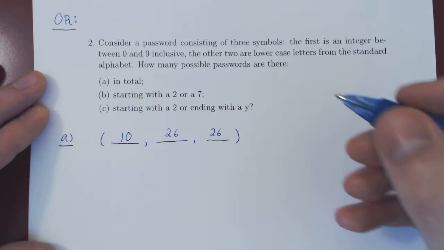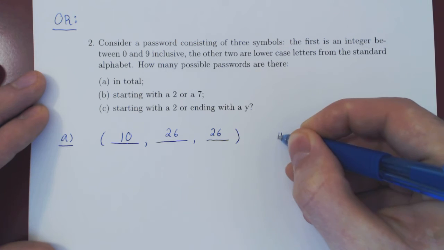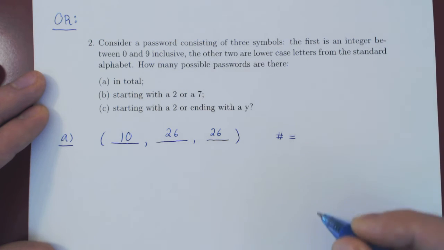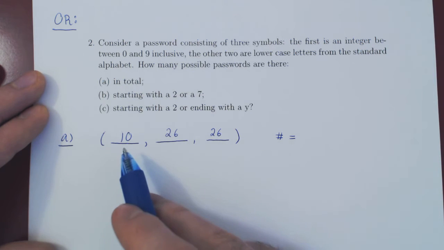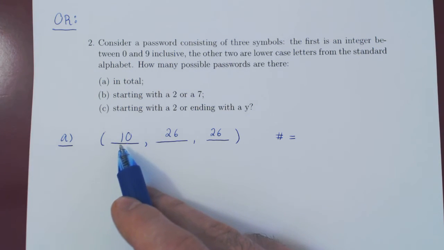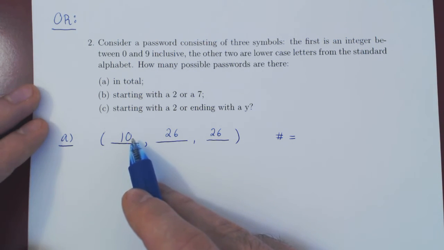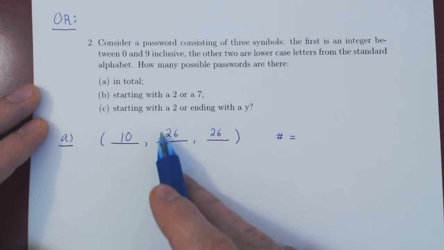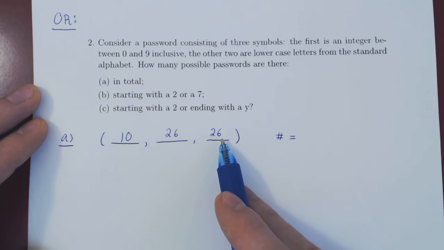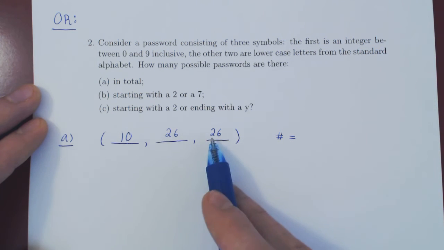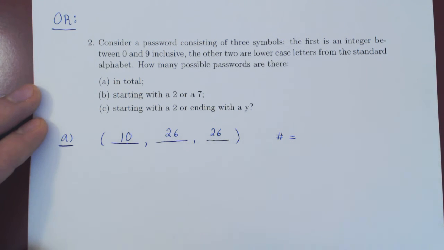And now, if you ask, well, how many passwords are there in total? Well, we have 10 choices for our first symbol, and 26 for our second symbol, and 26 for our third symbol. We're saying and, so we multiply 10, 26, 26.